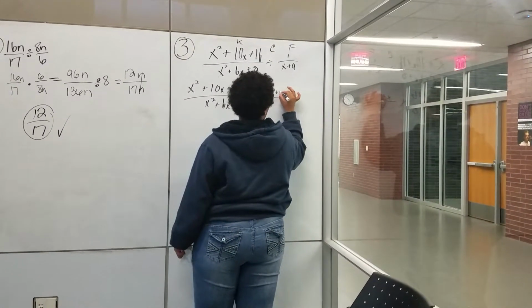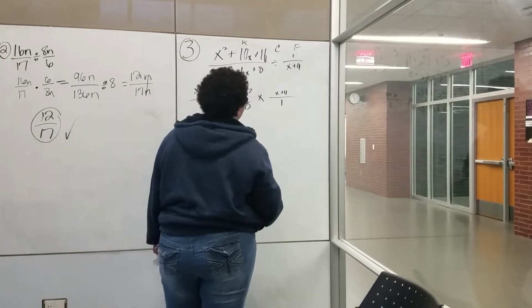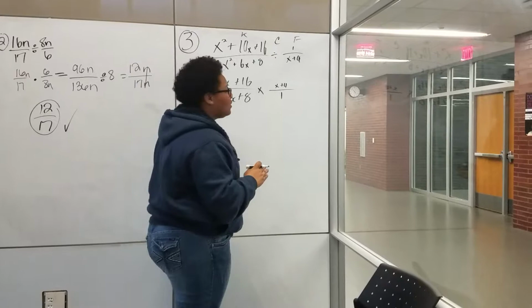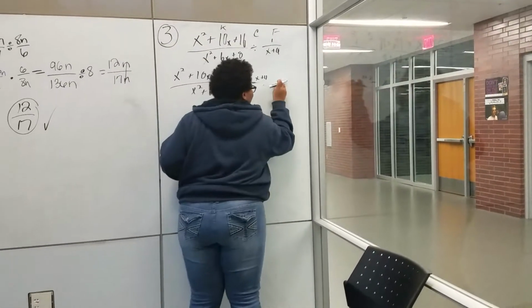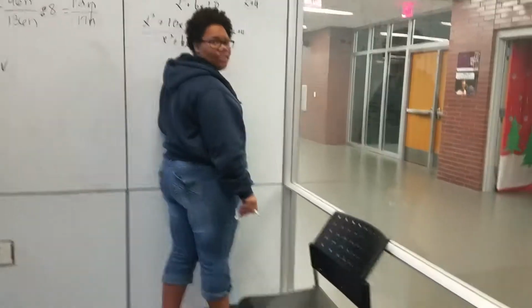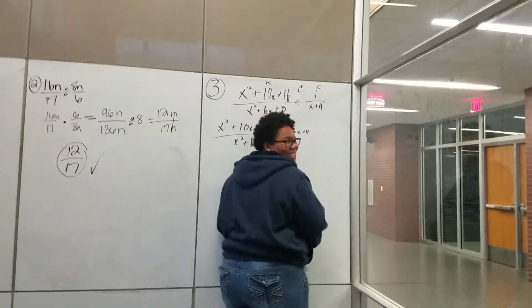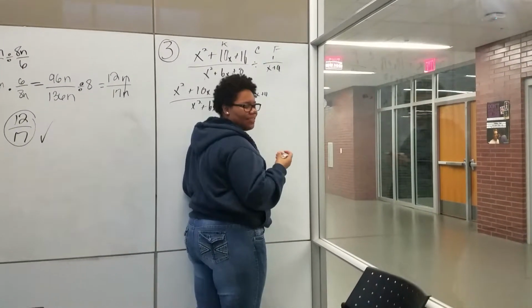So it's x plus 4 over 1. So really it's just x over 4. But for this, we're going to keep it as x plus 4 over what?